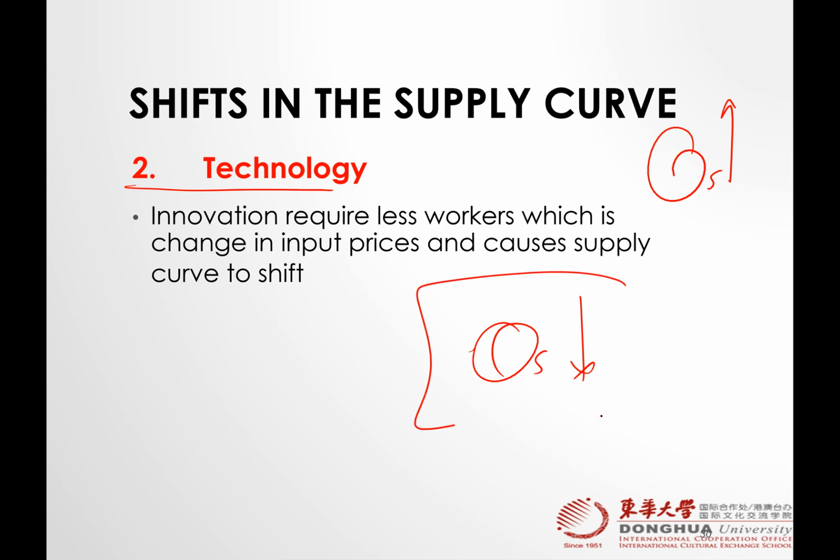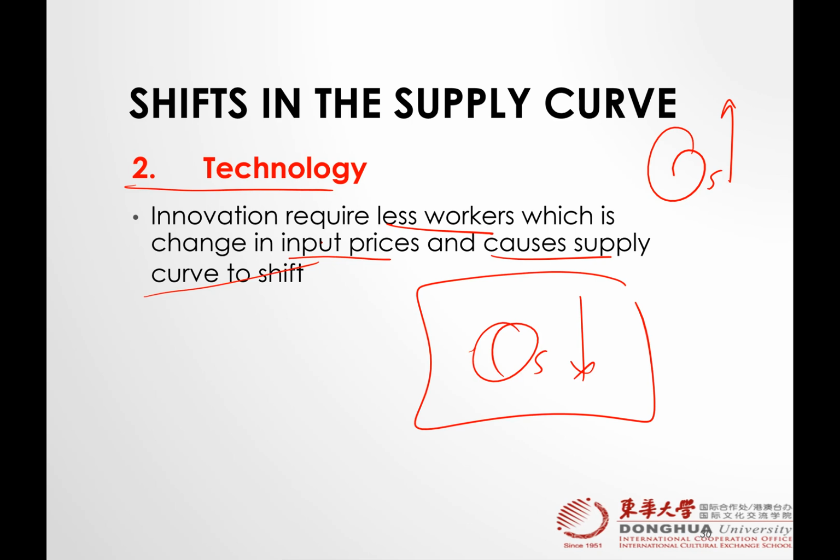I have not seen any case where a business undergoes a shift in technology and that technology reduces production rather than increasing it, right? So innovation requires fewer workers, which is a change in the input prices and causes the supply curve to shift to the right.